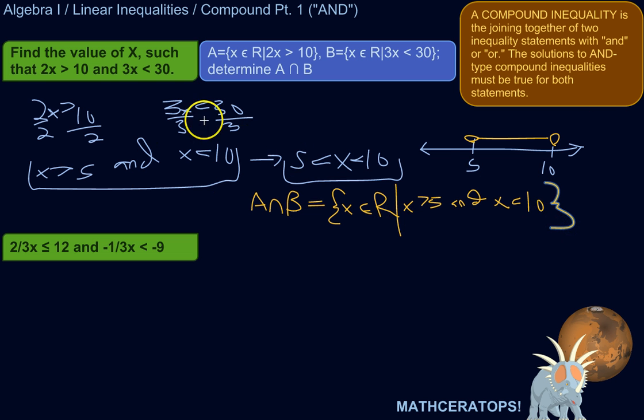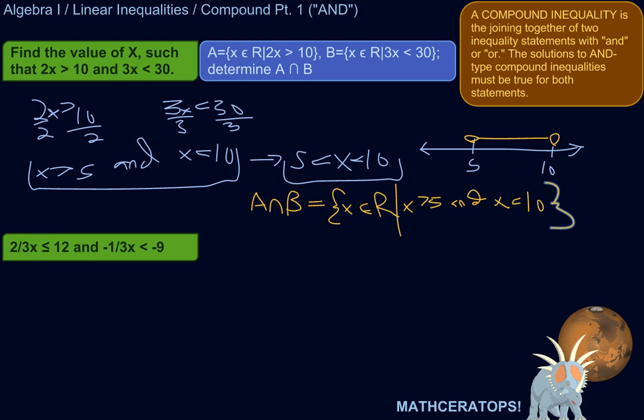These all mean the same thing. So the idea is that the solutions have to satisfy both requirements in order to really count as a solution to a compound inequality.